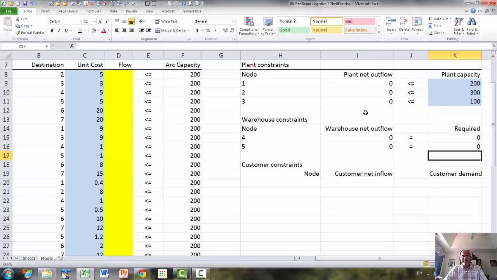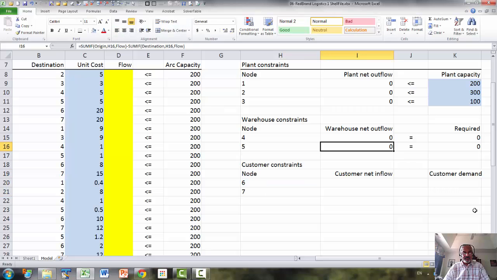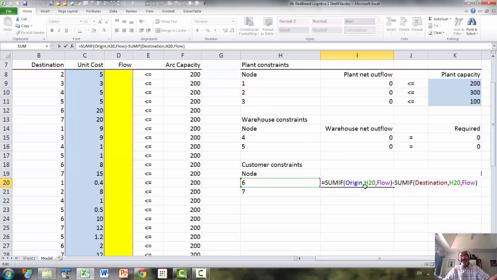Now for the destination constraint, the destination nodes, which are 6 and 7, again we can copy the same from here, except that in this case what we want is the net inflow: what is coming in minus what is going out. So the plus and the minus should be changed. This should become a plus, what is coming in, and what is going out should be negative.